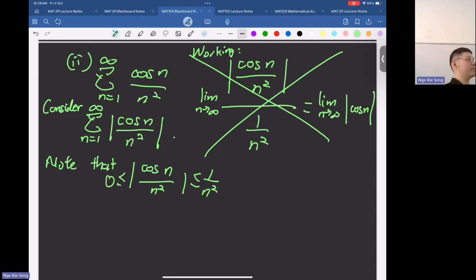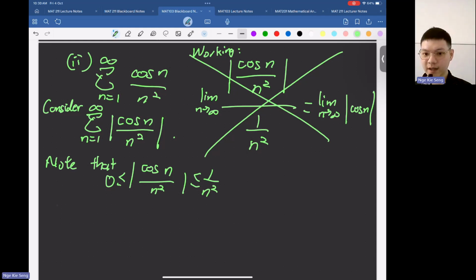Then we can use the simple comparison test here. How to use it? If I know that the sum of Bn, the right hand side one, is convergent, meaning the sum of An also converges. Right? Okay, simple. Start with the simple one first.